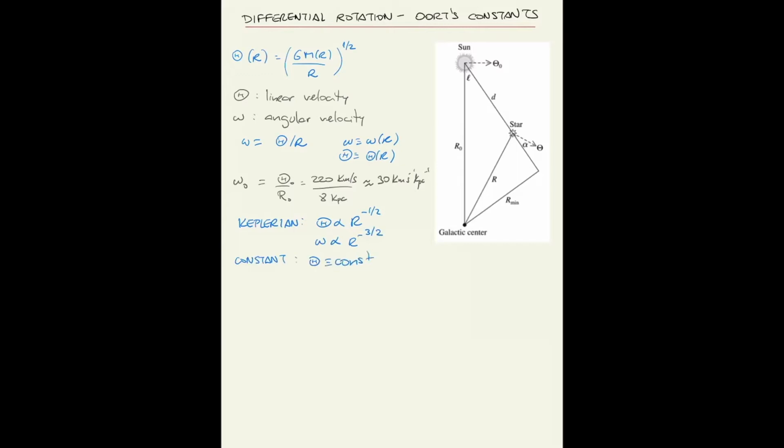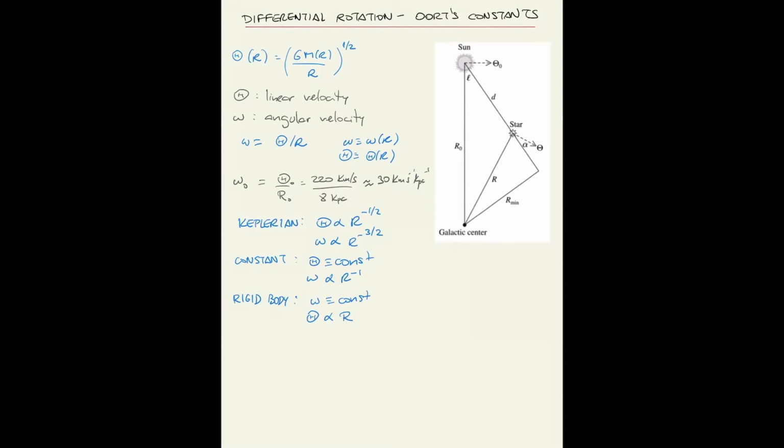That means that the mass is proportional to the radius, and omega falls as r to the minus 1. And then, for the sake of comparison, we also have rigid body rotation, where omega is constant, and therefore it's capital Theta that's proportional to the radius.